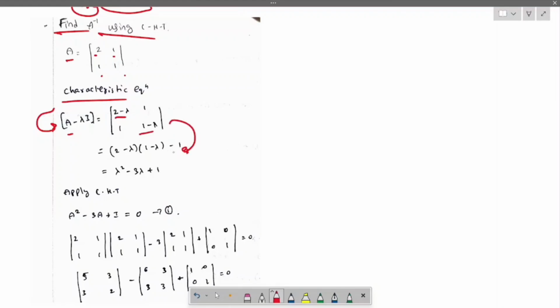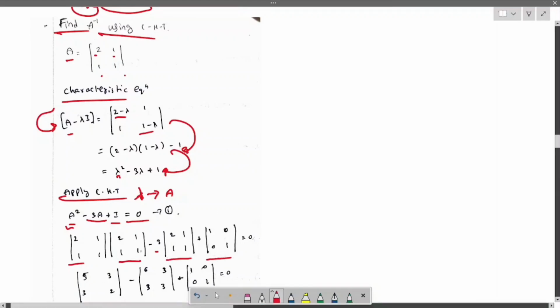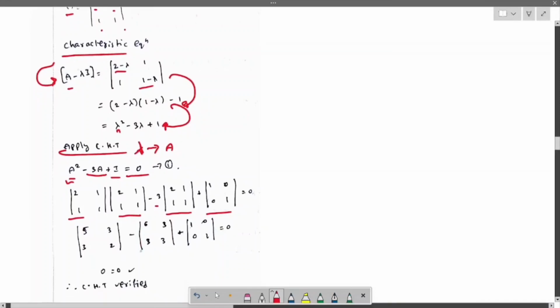Apply the CHT, replacing the lambdas with A. When you replace, you will get A square minus 3A plus I equals 0. Perform A square, A into A, minus 3A plus I matrix, and you will get the same 2 cross 2 zero matrix, 0 equals 0.